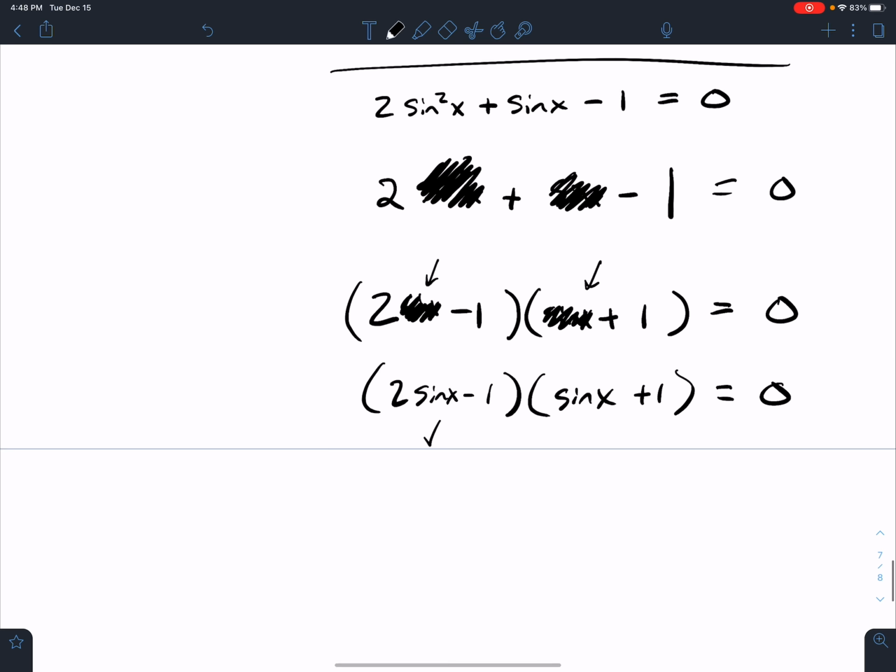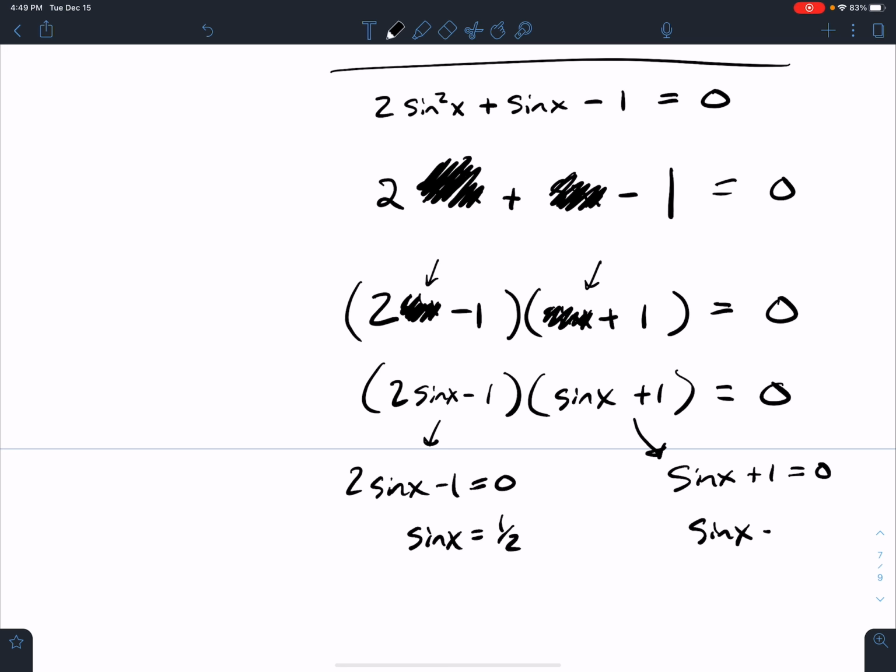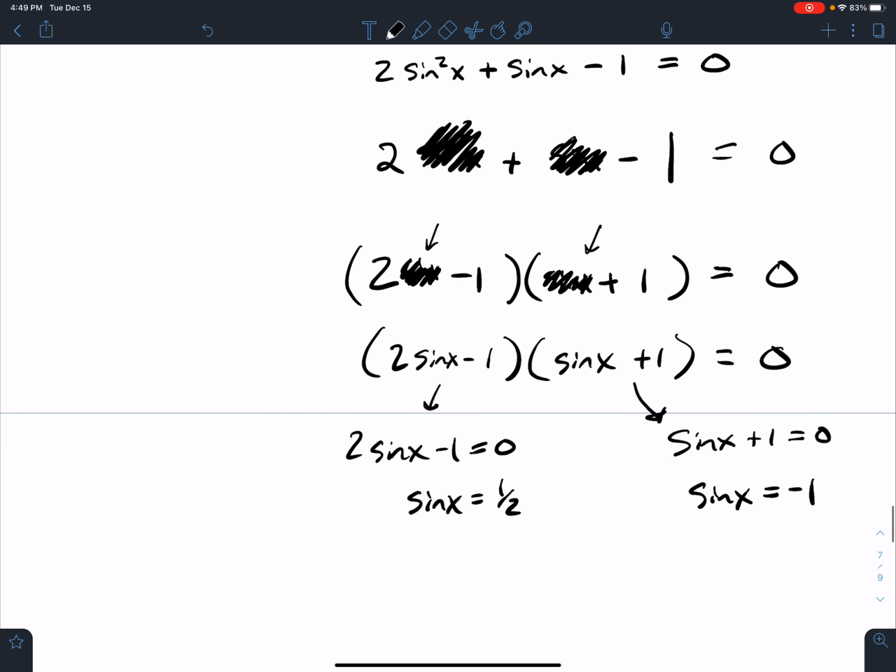And if I solve, I get 2 sine x minus 1 equal to 0, and sine x plus 1 equals 0. So I get sine x equals 1/2, and sine x equals -1.